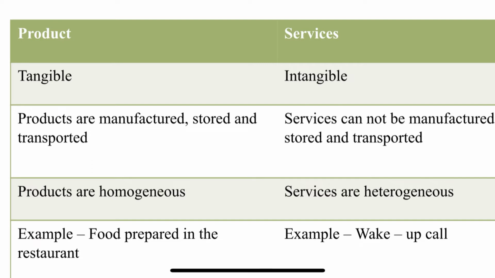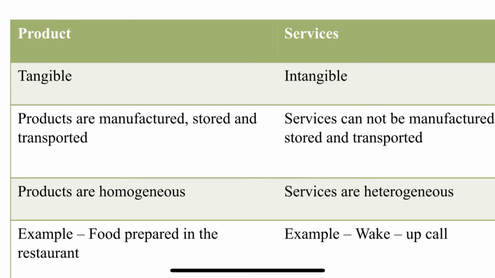Let's think about the example of the restaurant. A bottle of wine is manufactured, a wine is made, whereas the experience that you get when the wine is served is called service. It cannot be manufactured. It can only be felt when the wine is consumed.